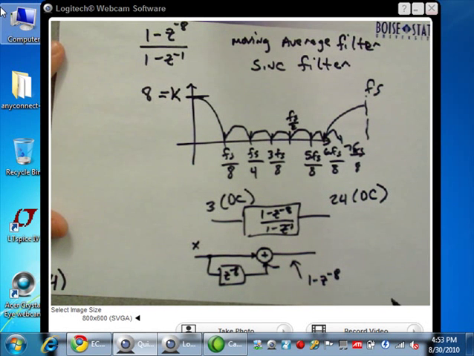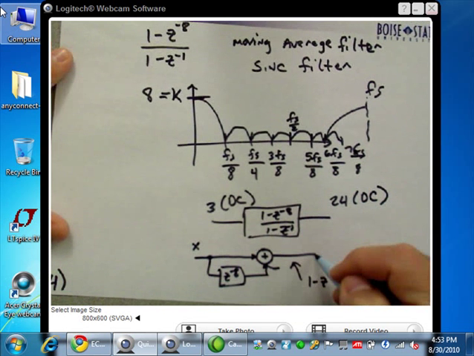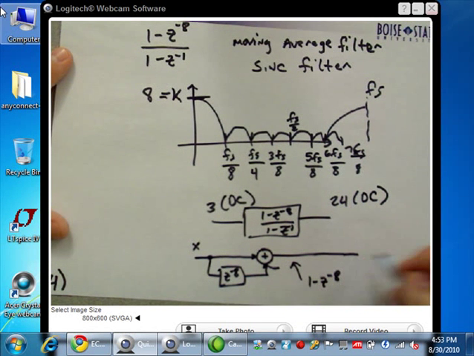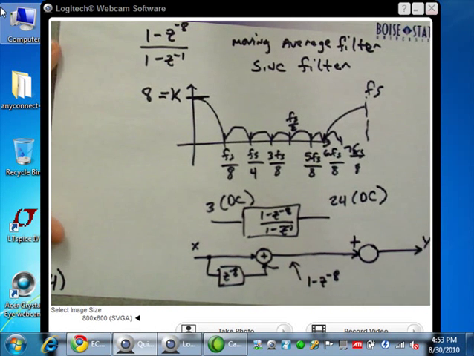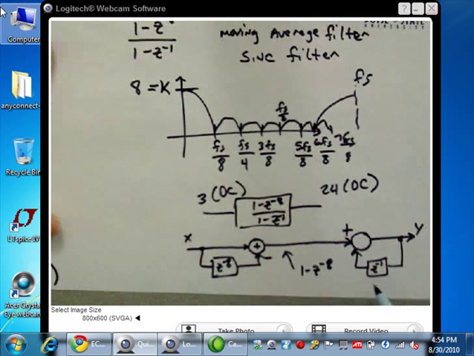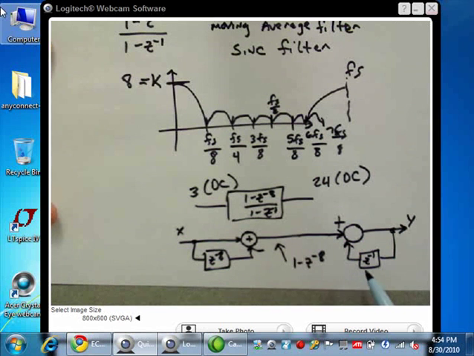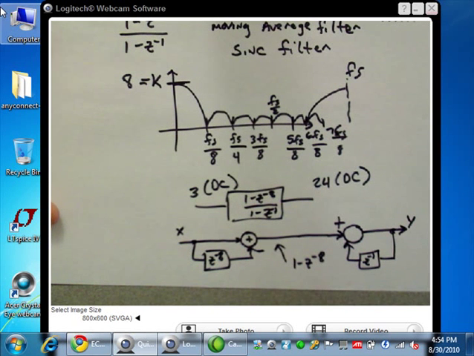Now what? Non-delaying integrator, so I come over here. This is y. And is it adding or subtracting? Well, it's plus, right? Because it's an integrator. So if I put in a constant 1 here, then it would come back around after 1 clock delay.